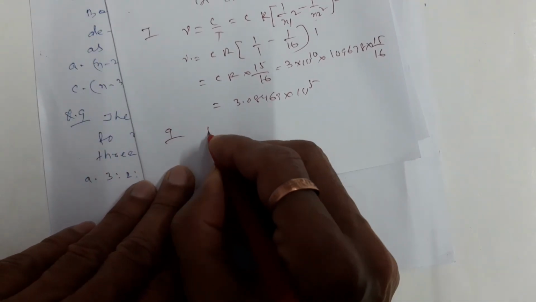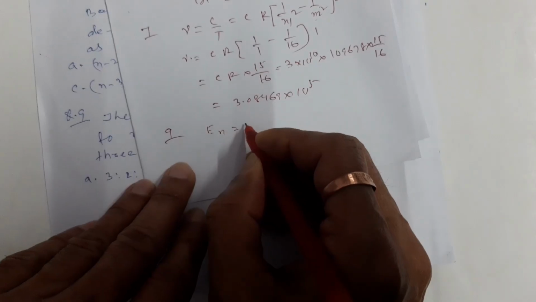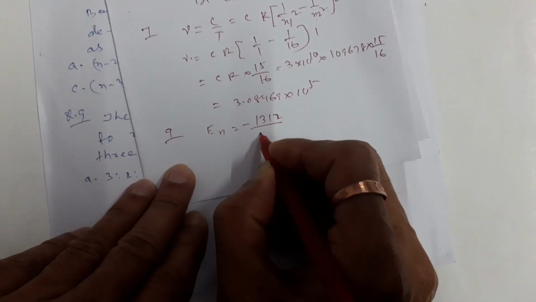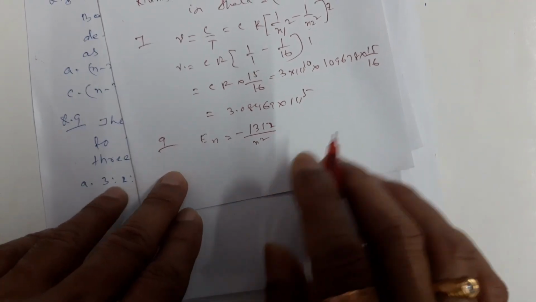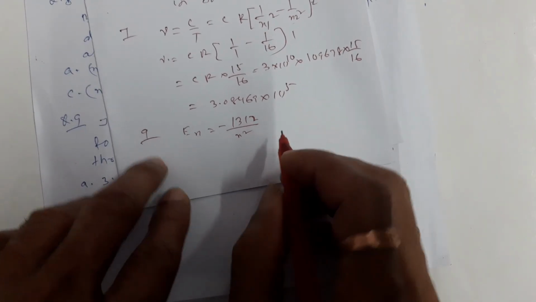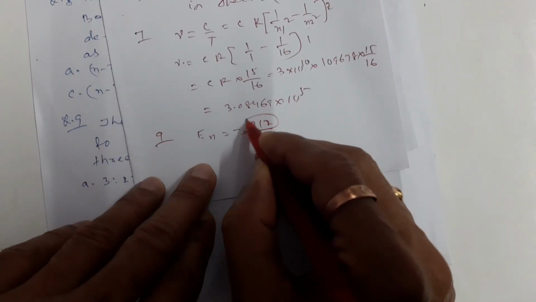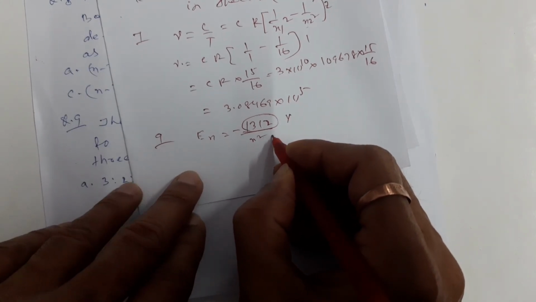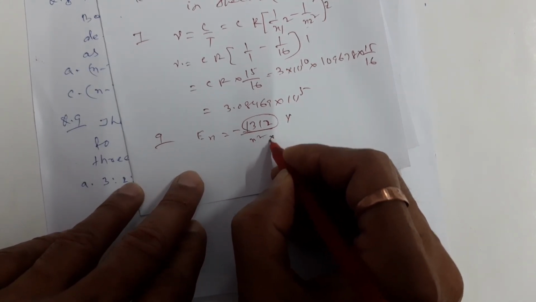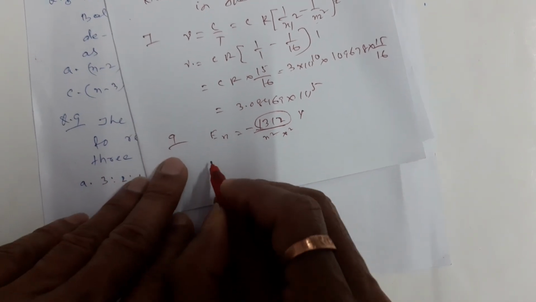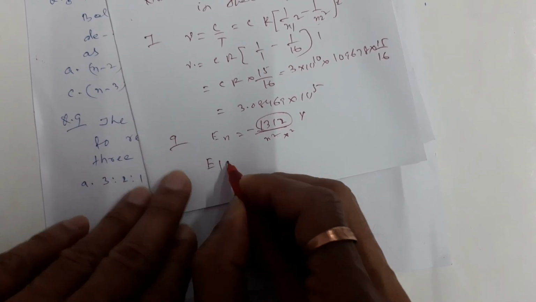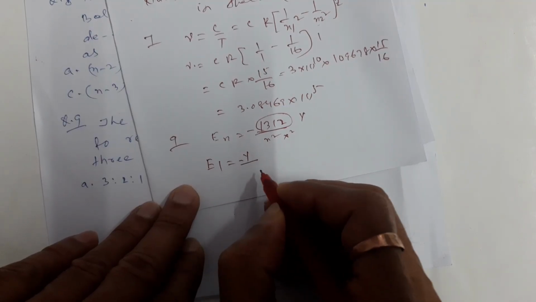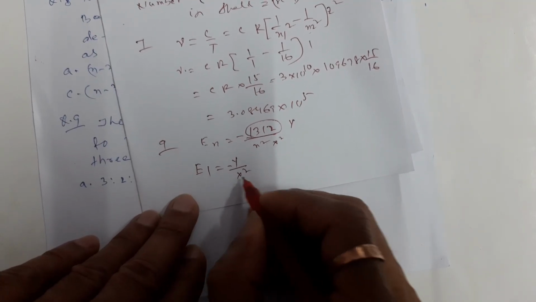So you know energy En is equal to minus 1312 by n square. Say this is your y and this is your x, so this is x square or n square. For energy E1 you will get minus y by 1 square.